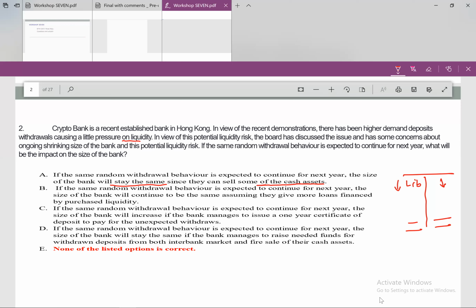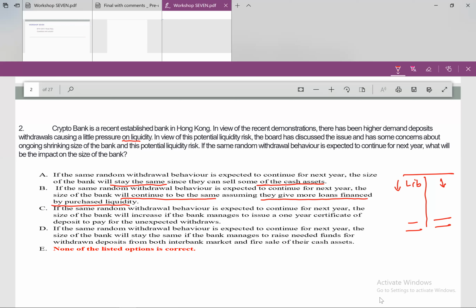So statement number one is not right. Number two is also not going to stay the same, assuming that they give more loans financed by purchased liquidity. I understand that you have a liability now going down, and so the size will drop.